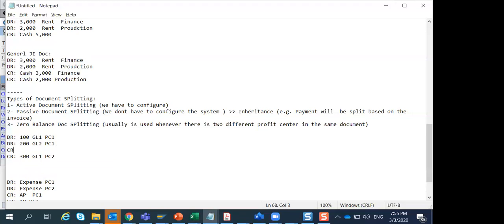So I'm going to credit $300 to the zero balance GL account with profit center one. That's what the system does. And for profit center two, you have a credit of $300, so the system is going to debit $300 to the zero balance account for profit center two. Does that make sense? Yes. We are just balancing the amount of the profit center.